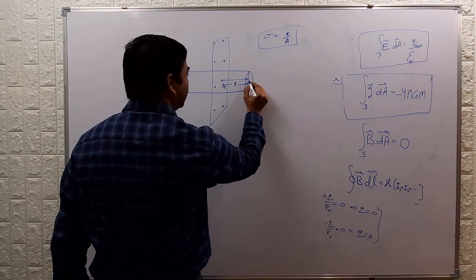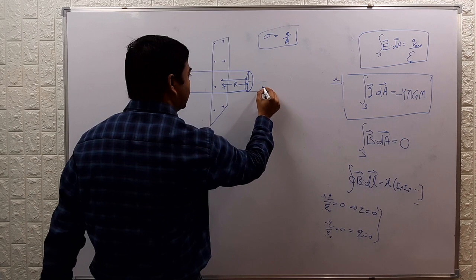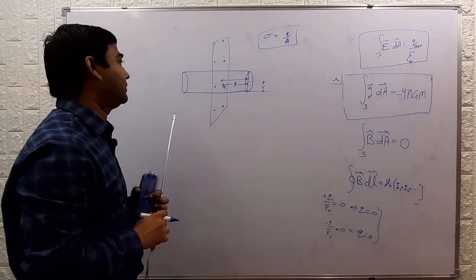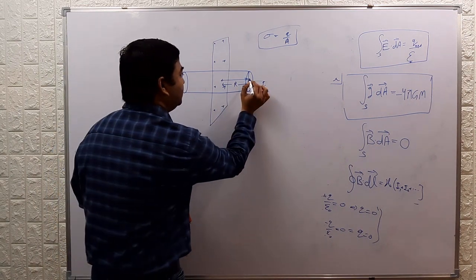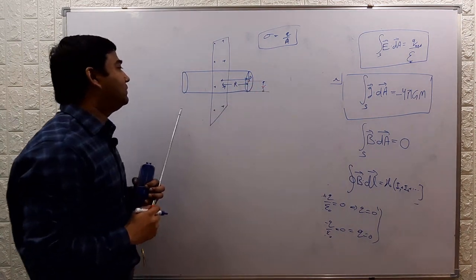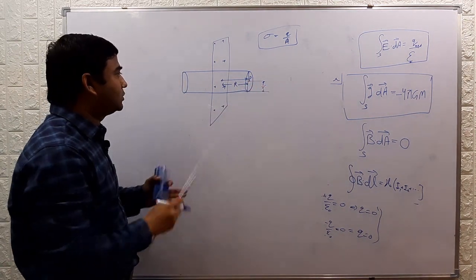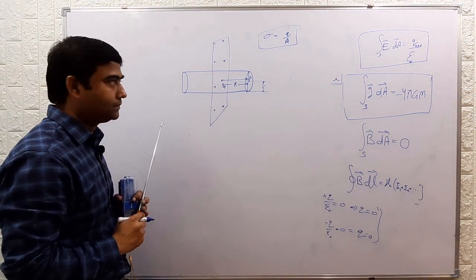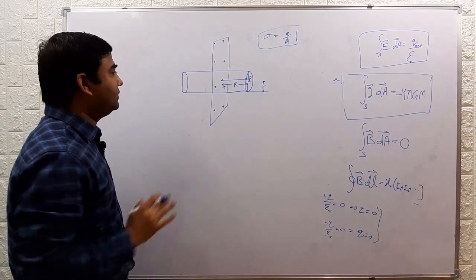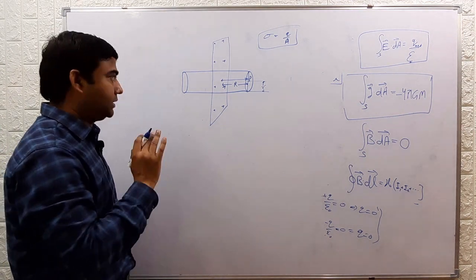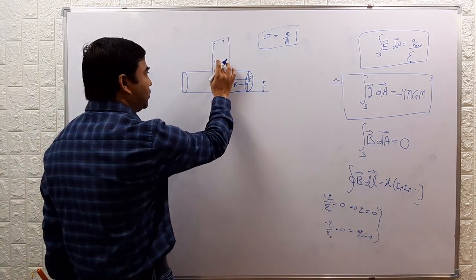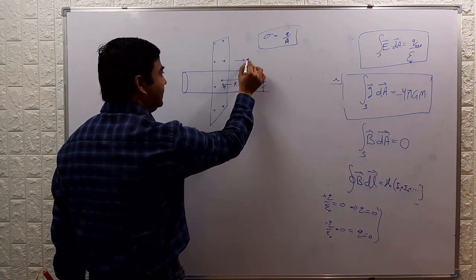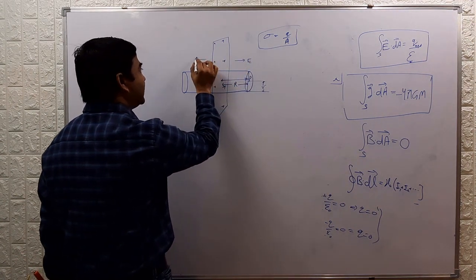The radius of this curve is small r, and the flat circular face has radius small r. This is the point P. Now we have to find the total flux through this horizontal cylindrical surface. So by symmetry, again we will use the method of symmetry. This is positively charged, so near this surface the electric field will be away from this charge sheet.